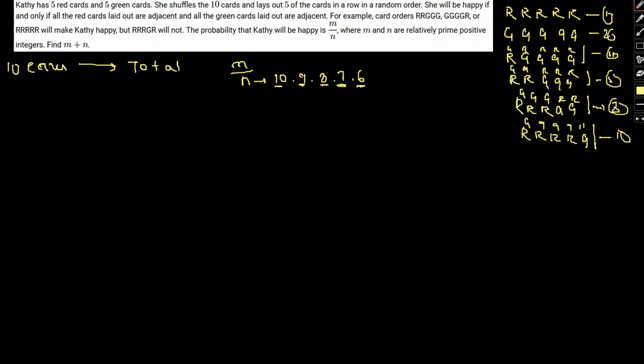So this is basically the sample space, or total outcomes. So the n value will be this one.